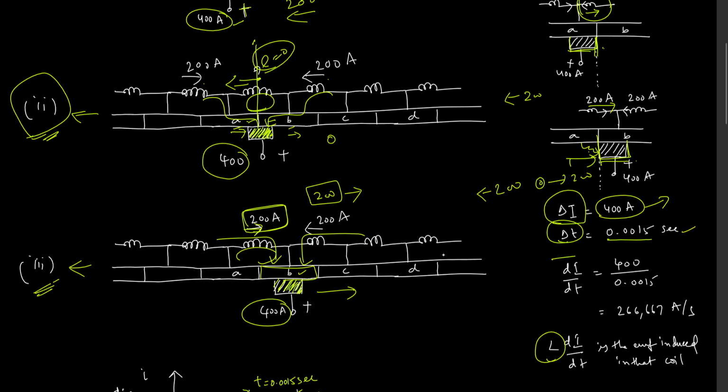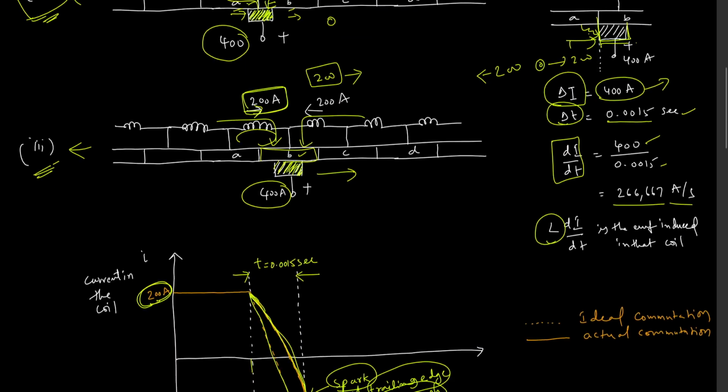Now if you calculate di by dt, that is 400 by 0.0015 seconds, it comes to 266,667 amperes per second. That high rate of change of current is required to make an ideal shift from plus 200 to minus 200, or plus 200 in one direction to plus 200 in the other direction.